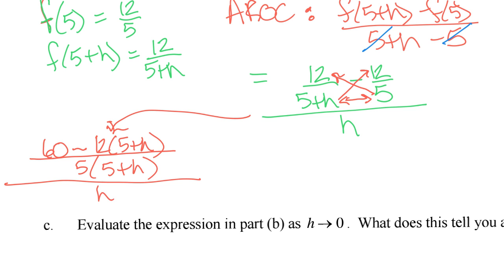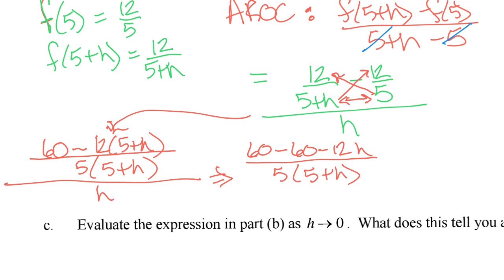So let's distribute our 12. Distribute the negative 12. So we're going to have 60 minus 12h all over 5 times the quantity 5 plus h all over h. And at this point, you could change it to multiply by the reciprocal.